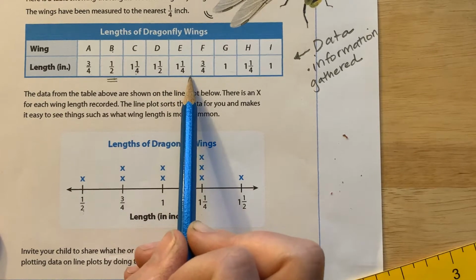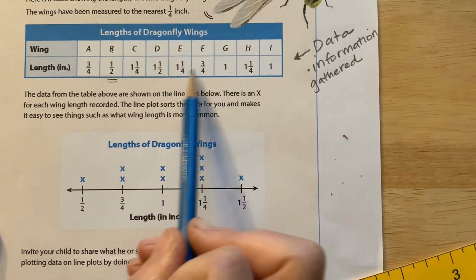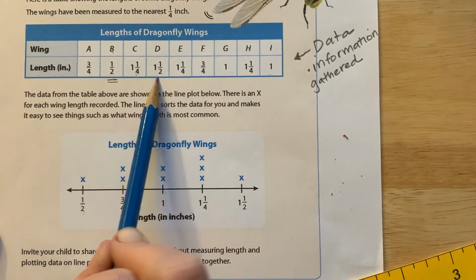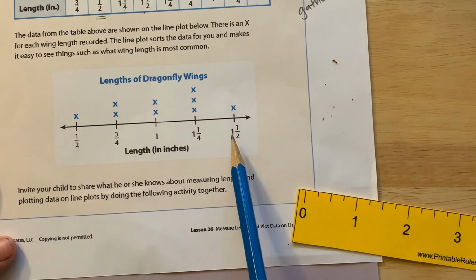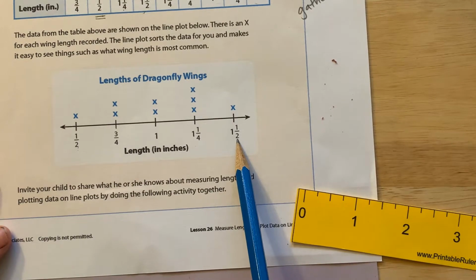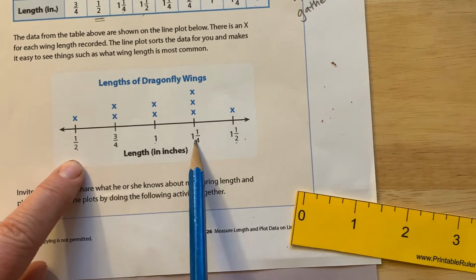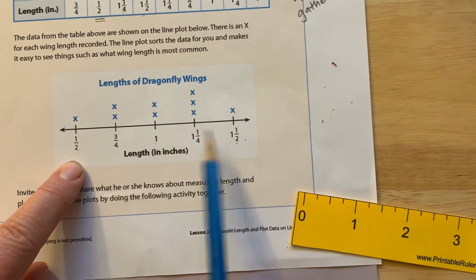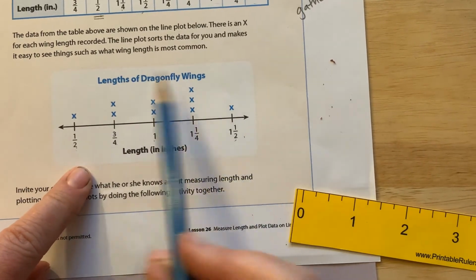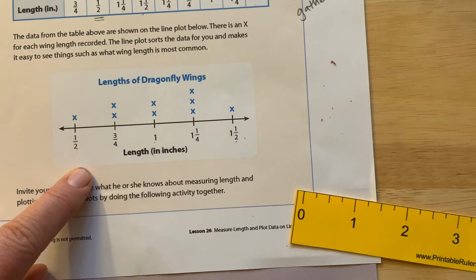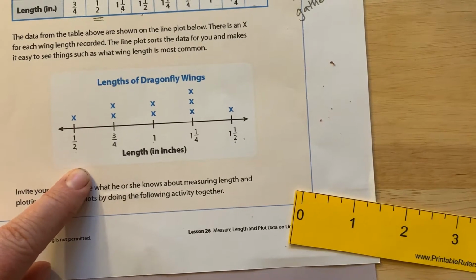Which one is the largest number? Look at that, 1 1/2 is our largest number. So that means our line plot has to have 1 1/2 at least as the largest number here. Then they put all the corresponding numbers in between. Now, I'm going to help you learn to make these tables. I just want to make sure you know what they look like before we get started.